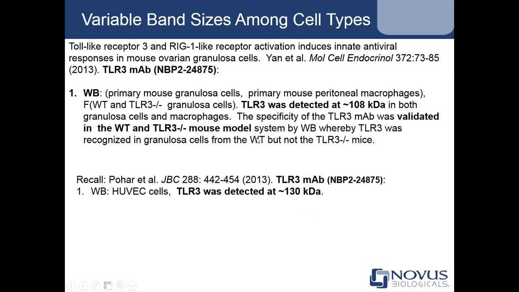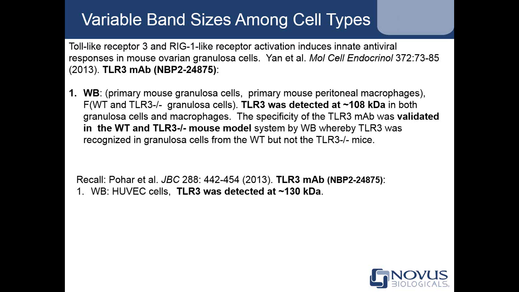But in this paper, TLR3 was detected at 108 kilodaltons in granulosa cells. And so the researchers wondered about that, but they validated the antibody in Western blot in their knockout and wild type animals, where they found that this 108 kilodalton band disappeared in their TLR3 knockout mouse model system.